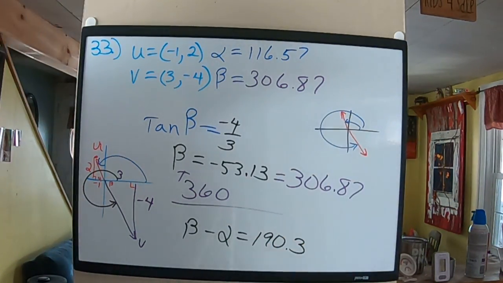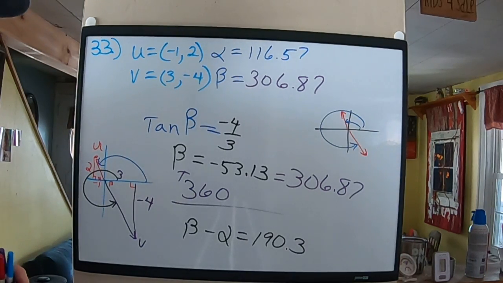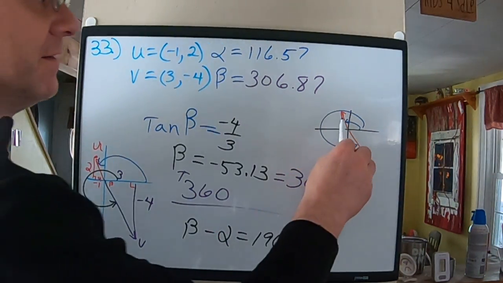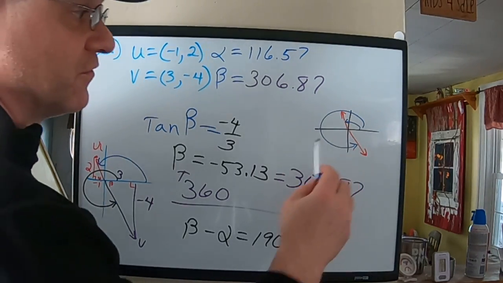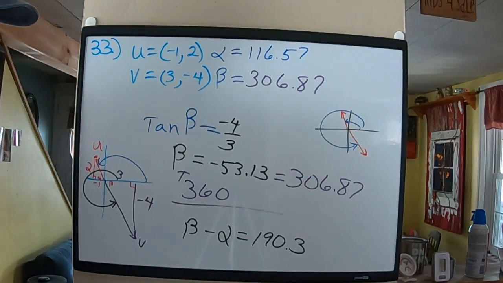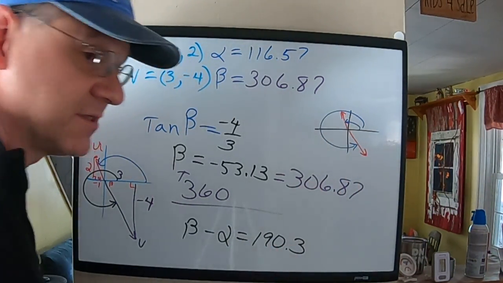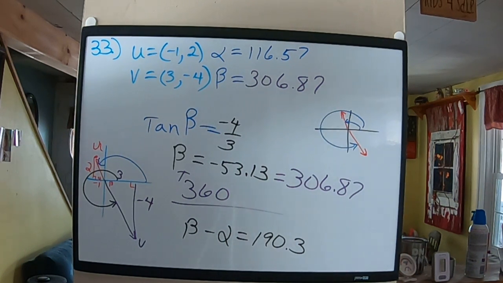190.3, excuse me. Well, that's great, except we don't want the angle that's bigger than 180. So if the angle comes out to something bigger than 180, you have to subtract that from 360.